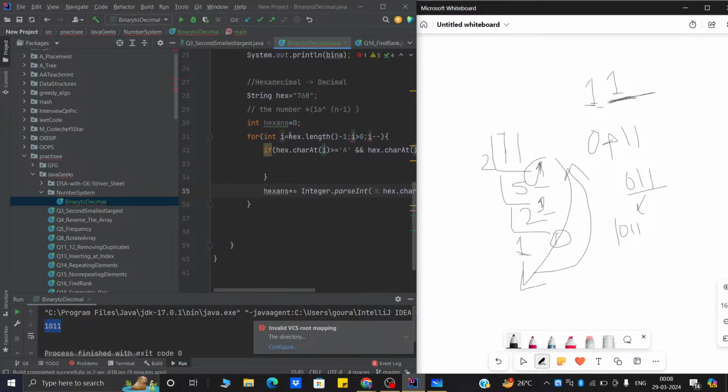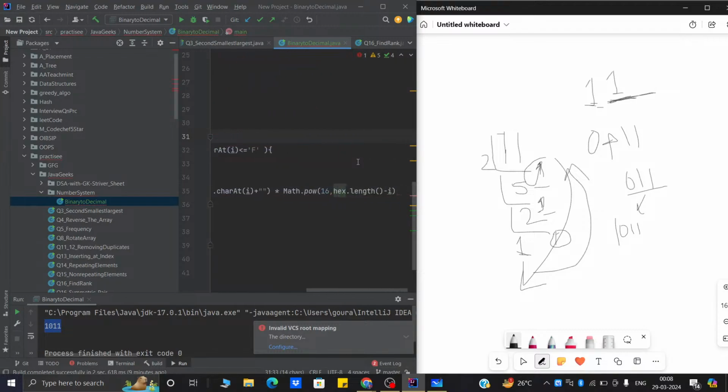So hex dot length minus 1 minus i, it will be not possible. Hex dot length minus i minus 1.